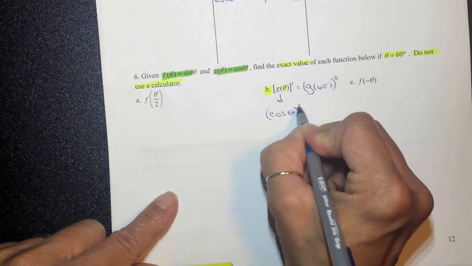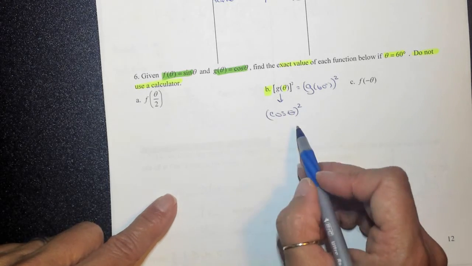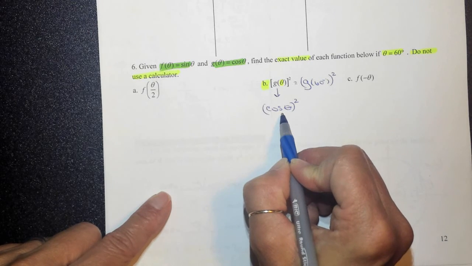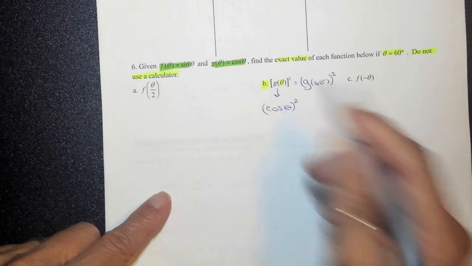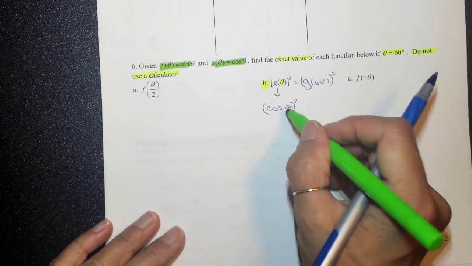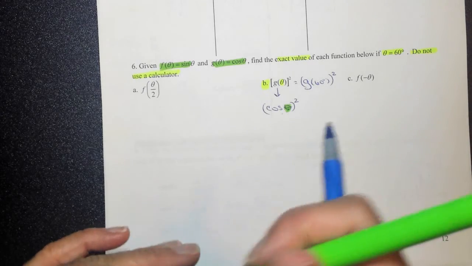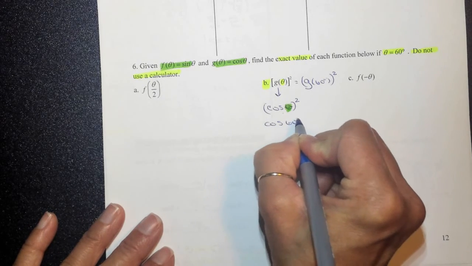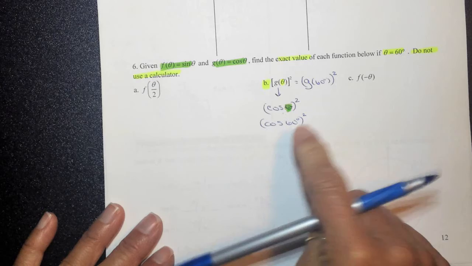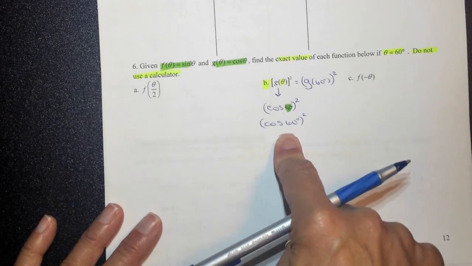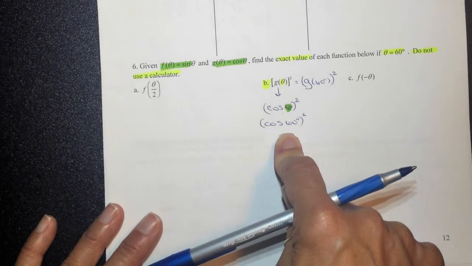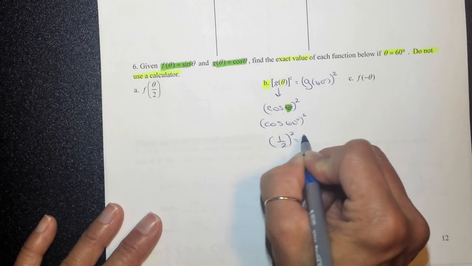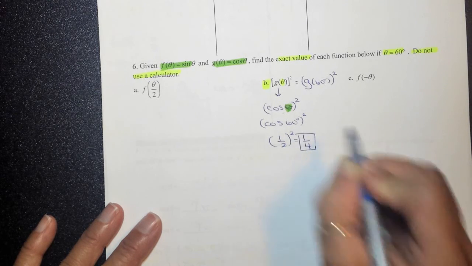These are the same thing; I'm just showing you two different ways to look at it. Now I plug in my 60, because we know what theta is. So this is cosine of 60 degrees squared. We know what this is: the cosine of 60 degrees from the unit circle is 1/2. 1/2 squared is equal to 1/4.